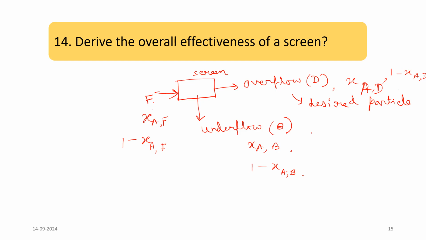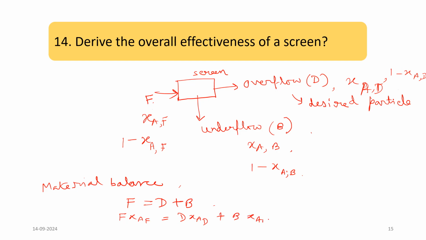And now we'll do the material balance, a simple material balance. The flow rate F equals D plus B. This is one equation, and the second equation is F XAF equals D XAD plus B XAB.